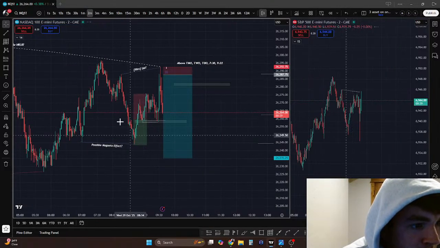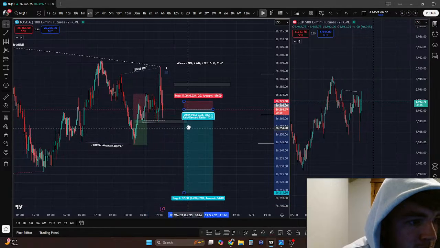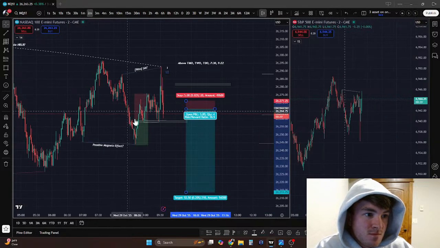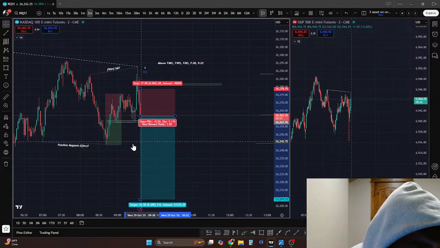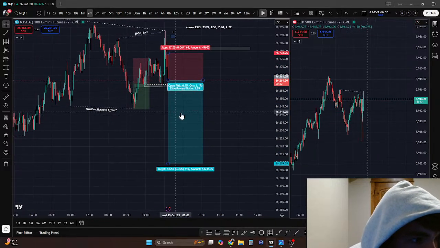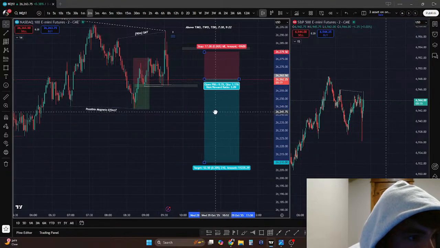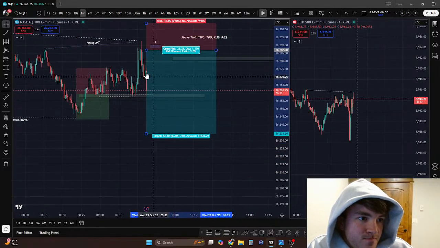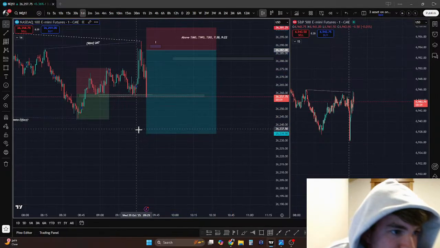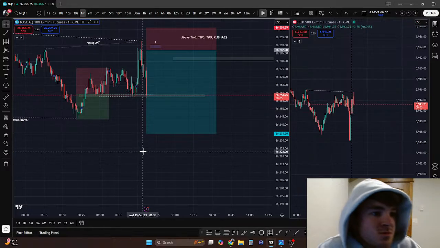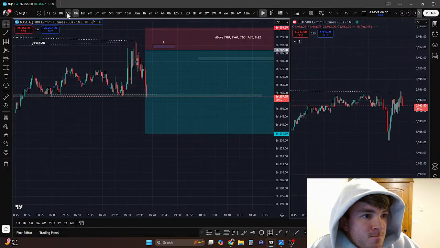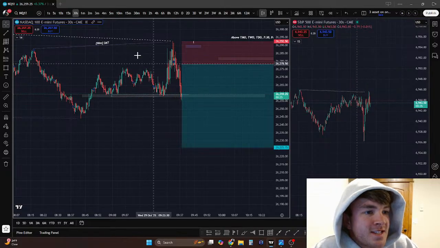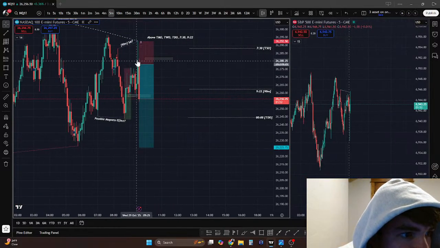Alright, we're getting the inversion. 30-second change of state. Is there a 5-minute gap there? There is a 5-minute gap there.